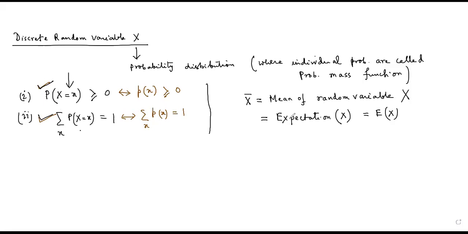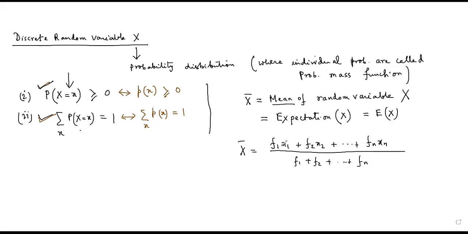Also in the previous session, we calculated the mean of the random variable, which is called the expectation of the random variable, denoted by EX. It is called the mean because my arithmetic mean formula for the frequency chart is given by this, where each value is multiplied by its respective frequency. Now, if I replace all the frequencies by probabilities, then what do I get?